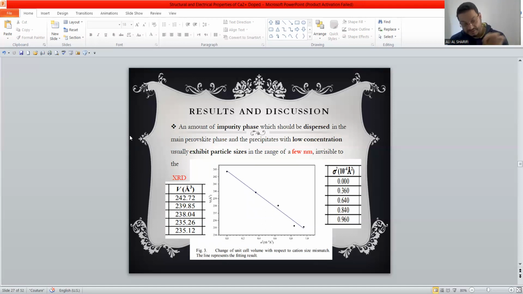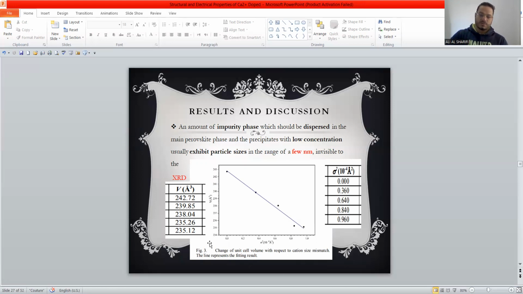An amount of impurity, that means another element in the compound, should be dispersed in the main perovskite phase and precipitates with low concentration, usually with particle size in the range of a few nanometers.